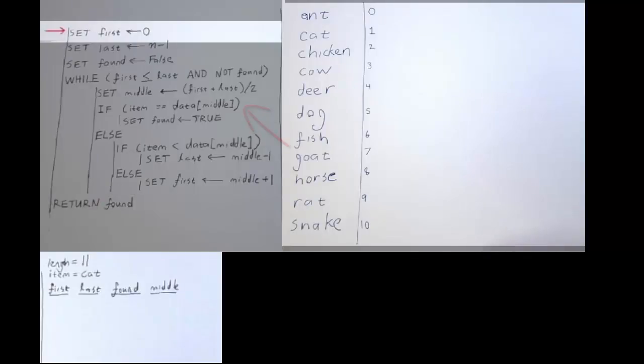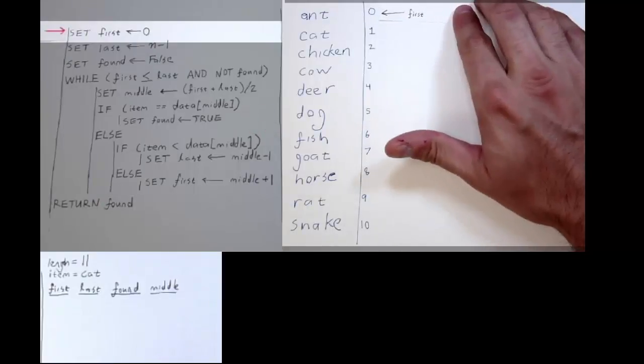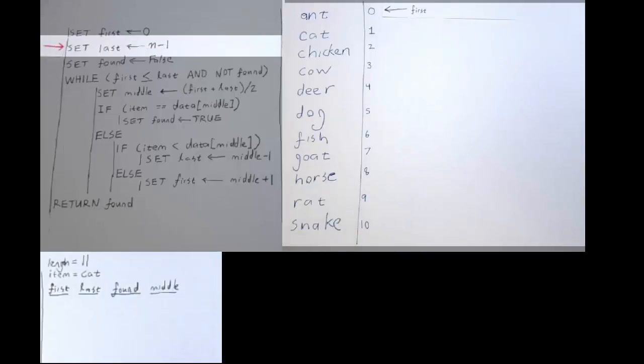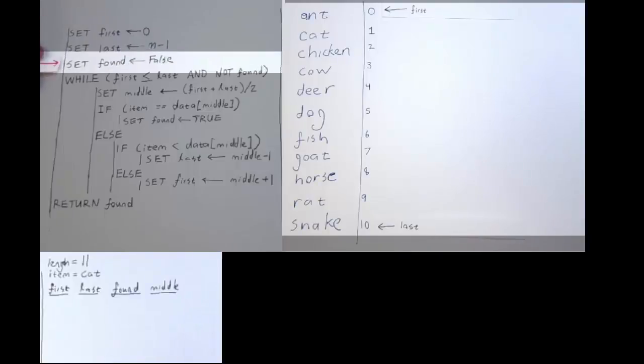Stepping through the code, the first thing we do is we set first to 0. And once that's done, we set last to length minus 1. Length here is 11. Right? We set found to false. And now we begin looping.